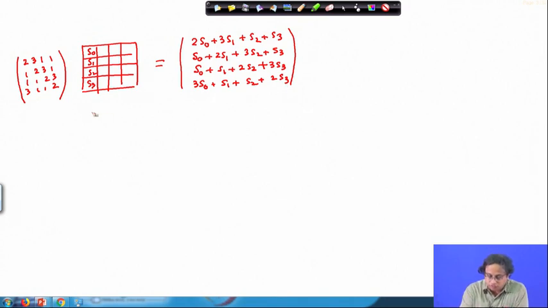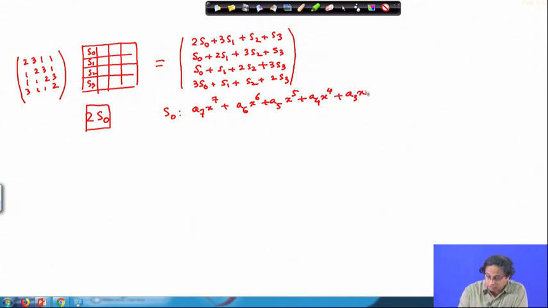Now if you just consider 2 into S0, let us observe this with respect to parity. Let us consider that S0 is denoted as the byte A7 x to the power of 7 plus A6 x to the power of 6 plus A5 x to the power of 5 plus A4 x to the power of 4 plus A3 x cube plus A2 x square plus A1 x plus A0.